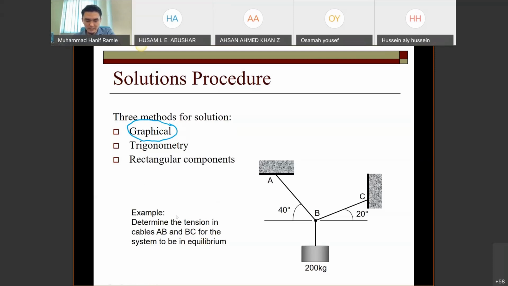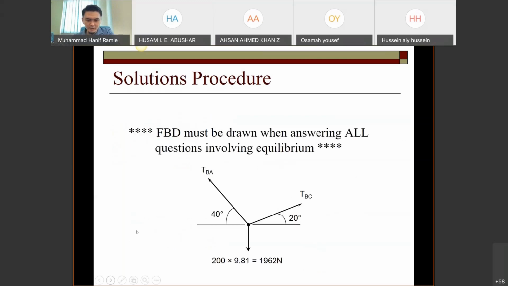You have to find the tension in cables AB and BC using the equilibrium system. The first thing is to draw the FBD as shown here: a particle with the external forces TBA, TBC, and also the weight, with the angle.